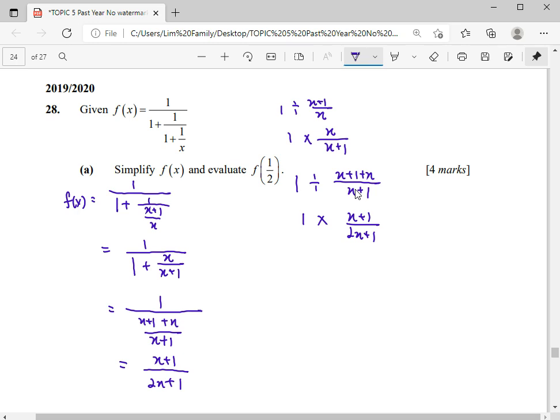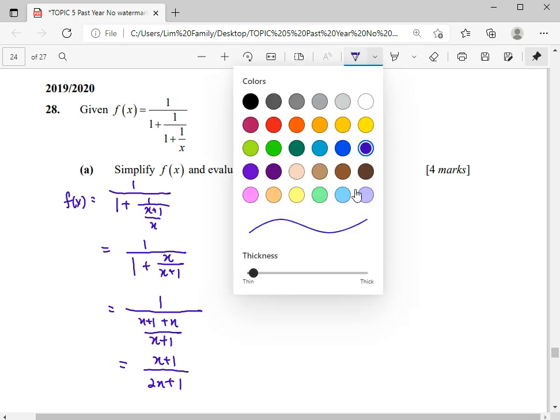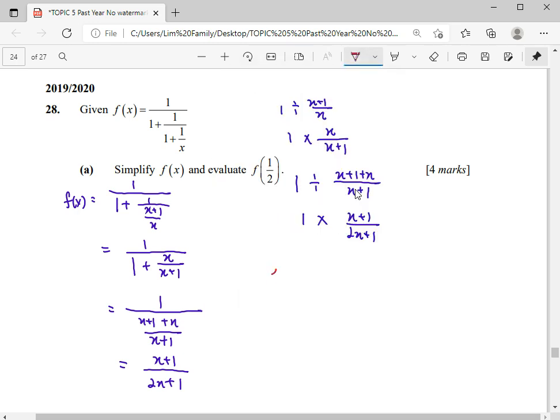After that, we evaluate by substituting the value 1 over 2. So it will be 1 over 2 plus 1 divided by 2 times 1 over 2 plus 1. This one you can press on your calculator.